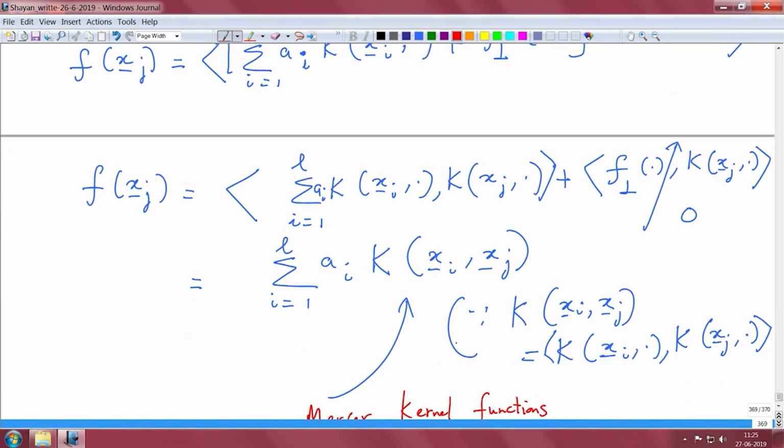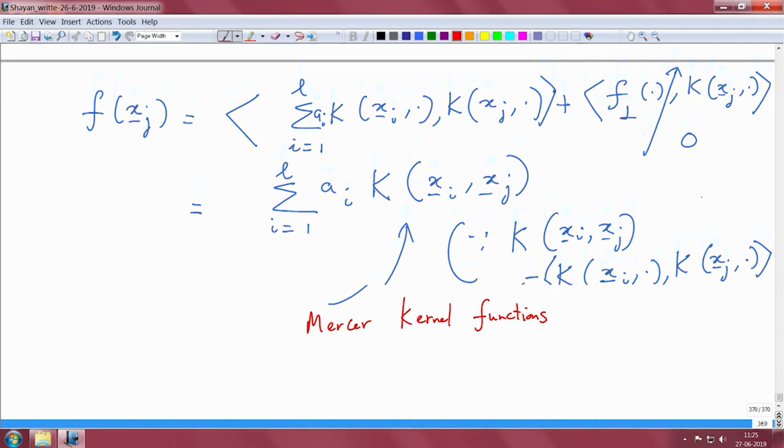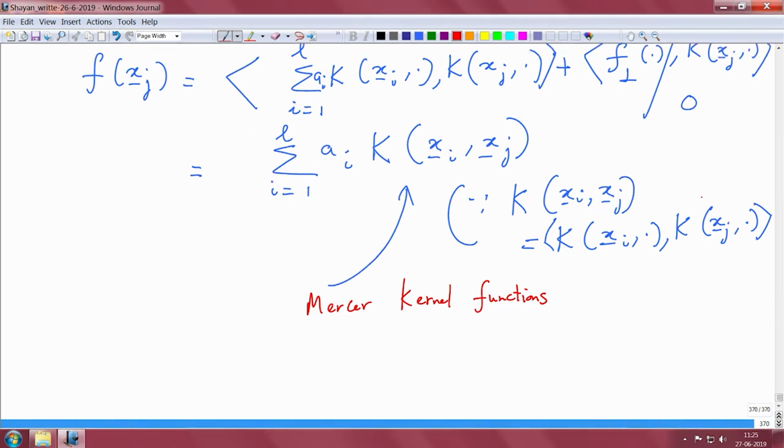The inner product of the function f perpendicular with the kernel is 0 because of how we have decomposed our space by our construction. So all we land up with is a function which is a linear combination of these Mercer kernel functions. This is a very important and interesting result which has interesting applications.